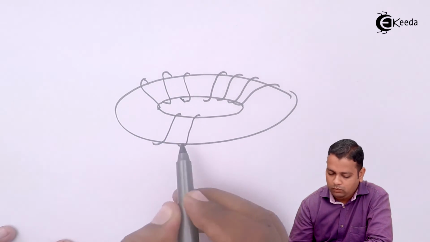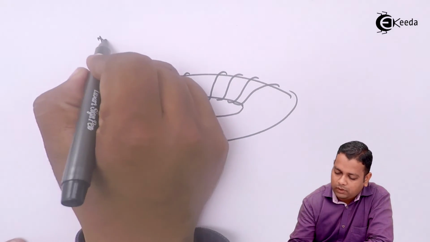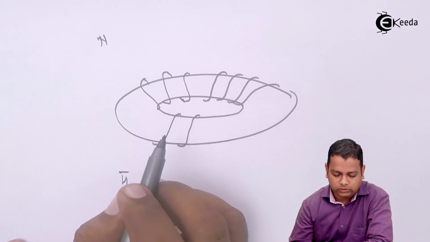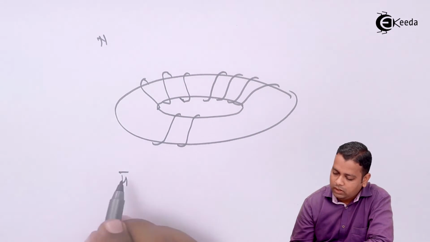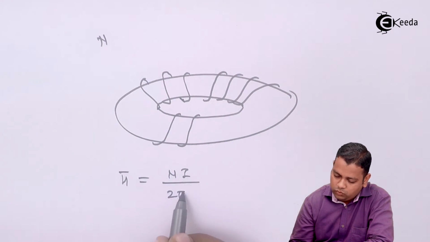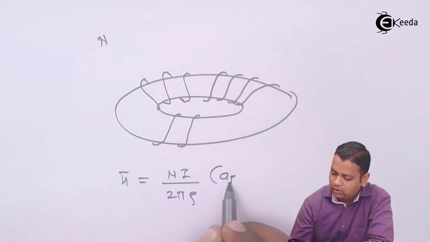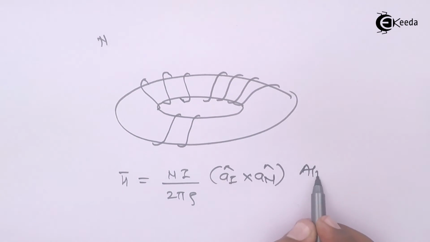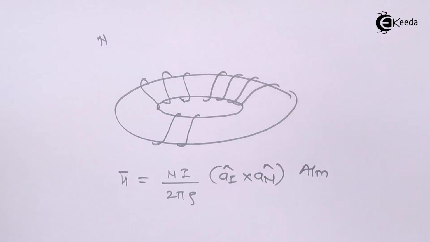Let us say capital N number of turns are involved. So that time inside the body of this particular practical toroid, H bar will be given by N I upon 2 pi rho in bracket a_i cap cross a_n cap in ampere per meter. Whereas outside the practical toroid, the magnetic field intensity will be equal to 0.